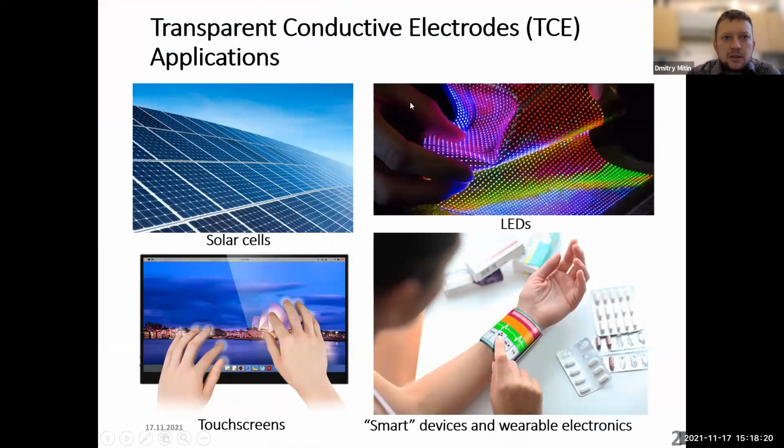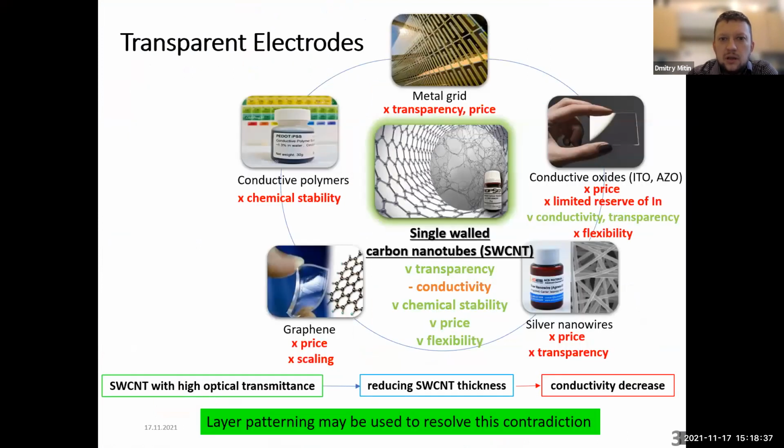Everybody knows that transparent electrodes are used in different applications such as solar cells, LEDs, touch screens, and in other modern smart devices. Today, usually metal grids and conductive oxides are used as transparent electrodes.